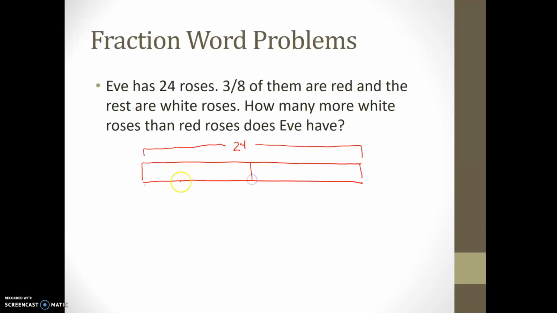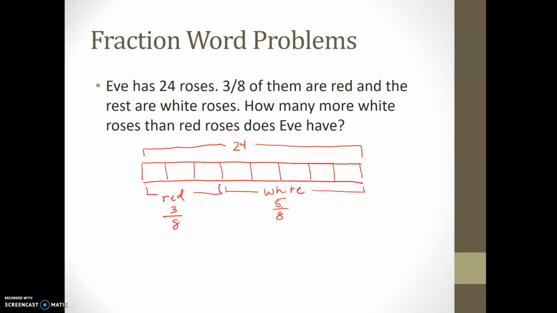So let's go ahead and divide up our model here into eighths. 3/8 of them are red, so let's mark those. And then the rest are white, so 5/8 of them.